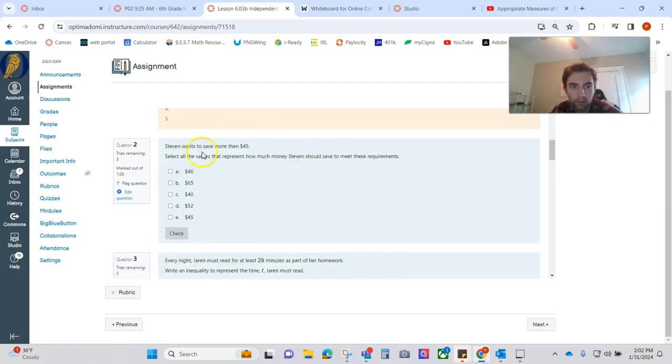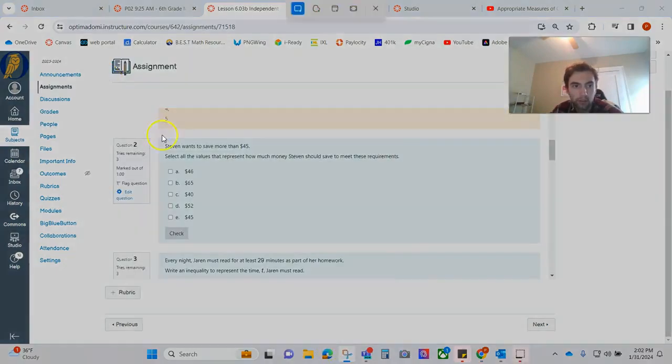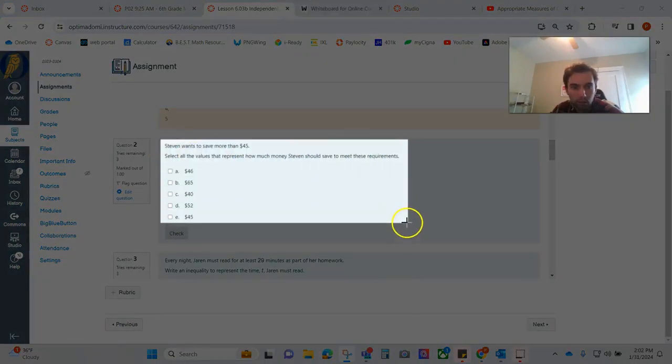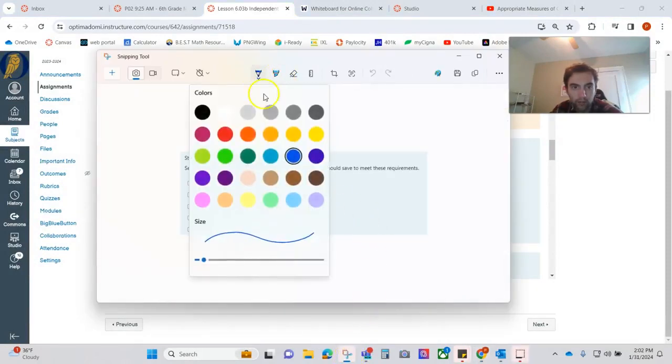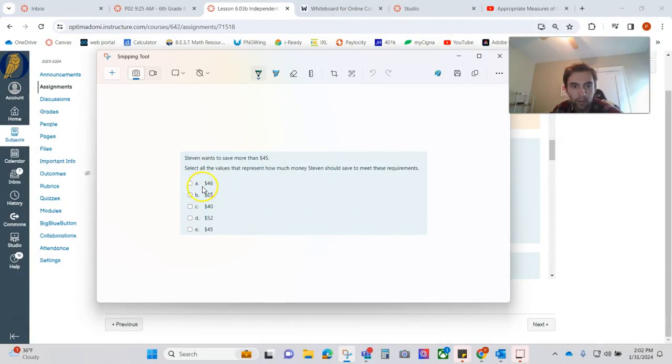Question 2. Stephen wants to save more than $45. Select all the values to show how much money Stephen should save. All right. Is $46 more than 45? Yup.